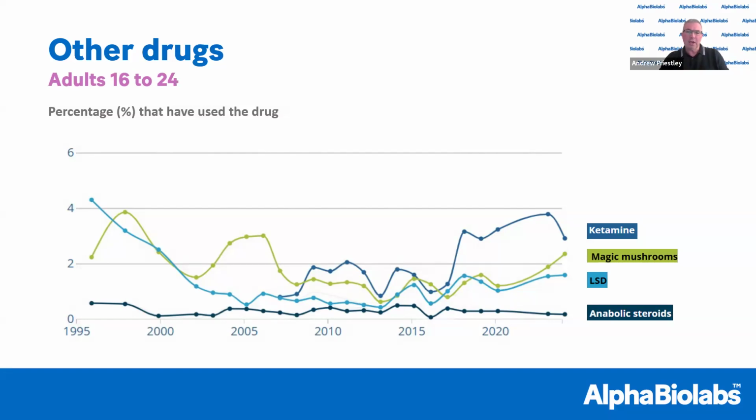And then you've got anabolic steroids, still there, but fortunately at quite a low level. And you've got 2 other hallucinogens, magic mushrooms and LSD, around about the 2% mark. So again, similar sort of message for that age group: they need to be considered because they are being used at the same levels as your more traditionally court ordered drugs.